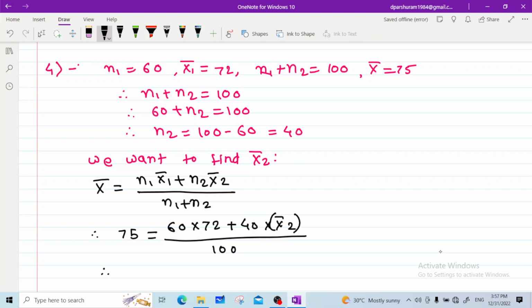Therefore, we cross multiply these numbers. 75 into 100, which is 7500, is equal to 60 into 72, that is 4320, plus 40 x2 bar.